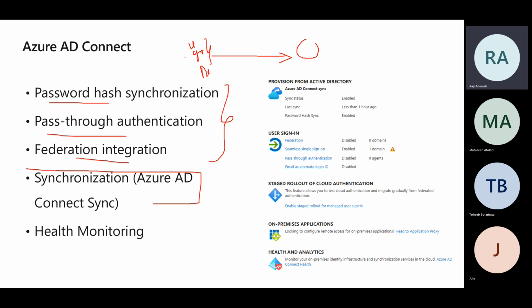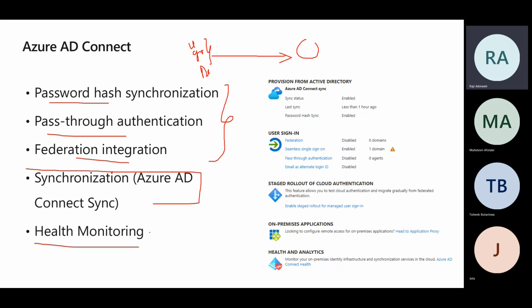If I have a group, I would see it here. If I have a device, it would also come up here. Azure AD Connect uses the Azure AD Connect Sync agent to achieve that. Then you're also able to monitor health. Health monitoring primarily helps you with troubleshooting in situations where things might not be working the way you'd expect them to work.